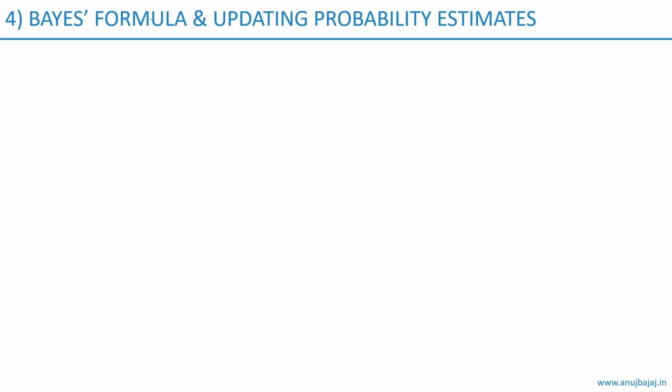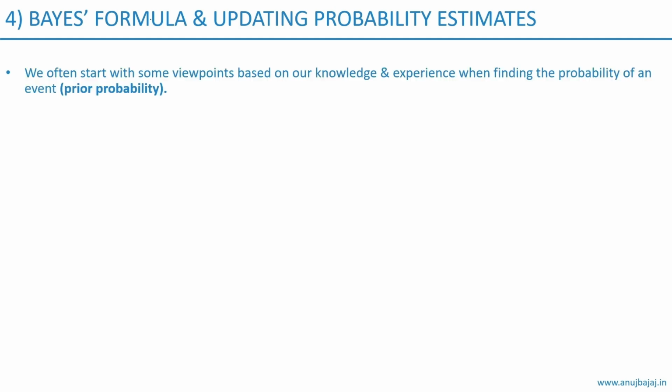Fourth section, which is the Bayes formula and updating the probability estimates. We often have some viewpoints. We often start with some viewpoints based on our prior knowledge and prior experience when forecasting or finding out the probability of an event occurring.